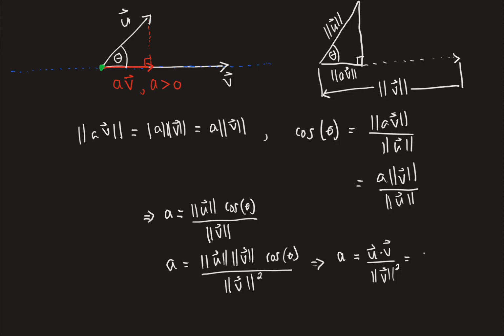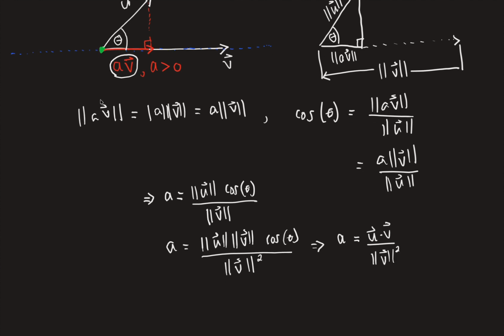Actually, let me not write that. Let me take this expression now, and now that we know what A is, I'm going to take A and plug it back here and figure out what that vector is.